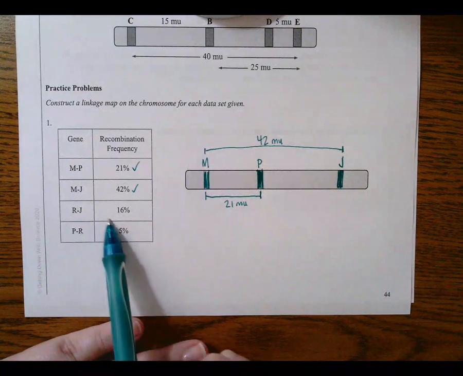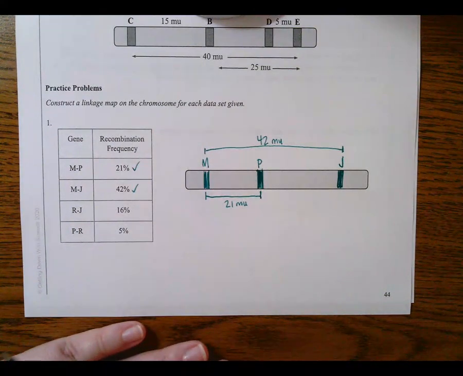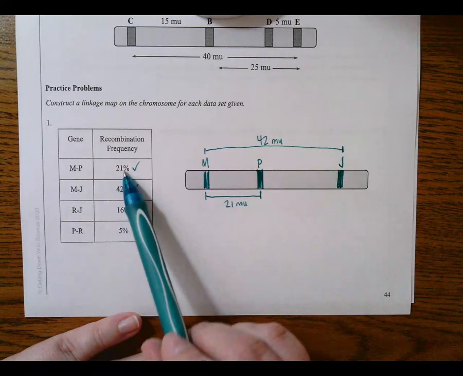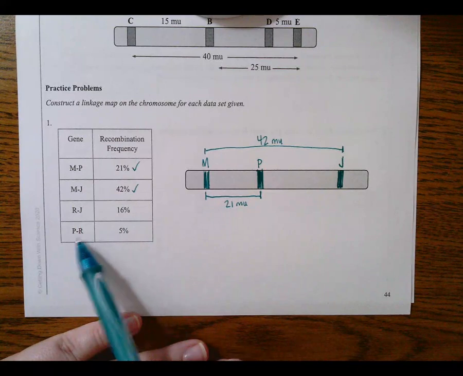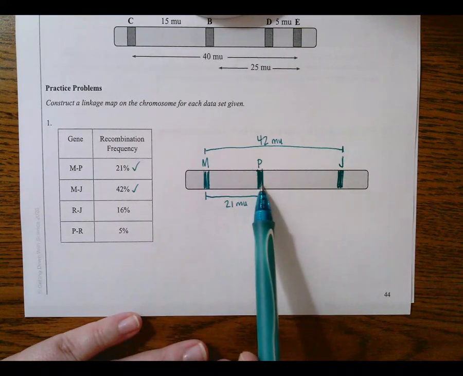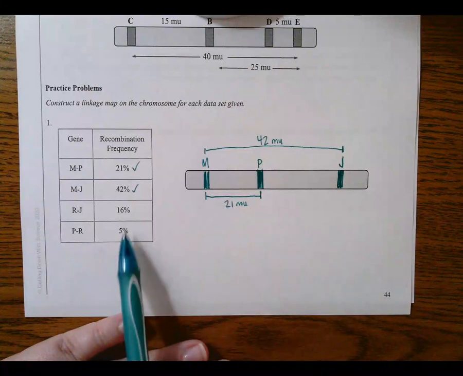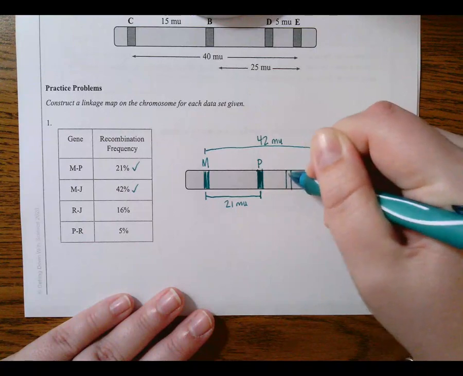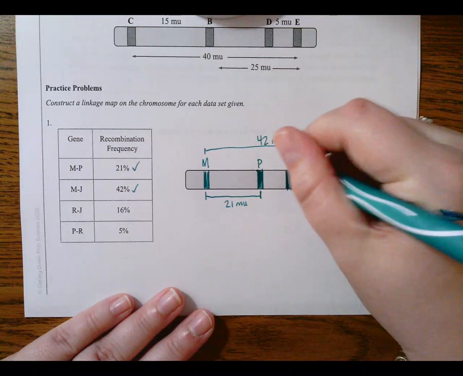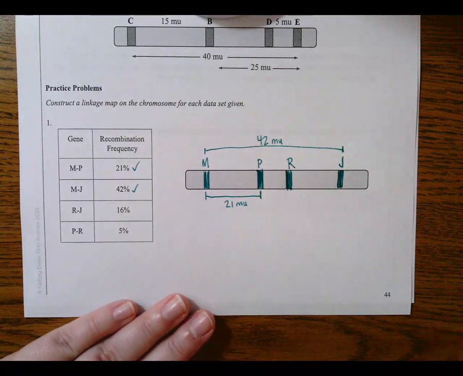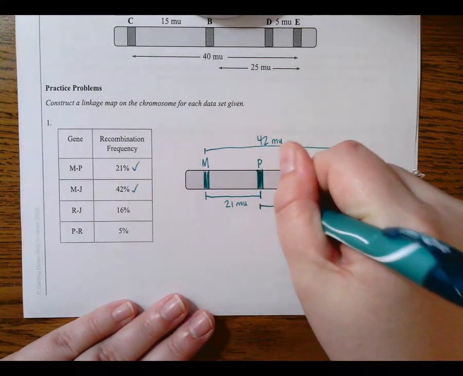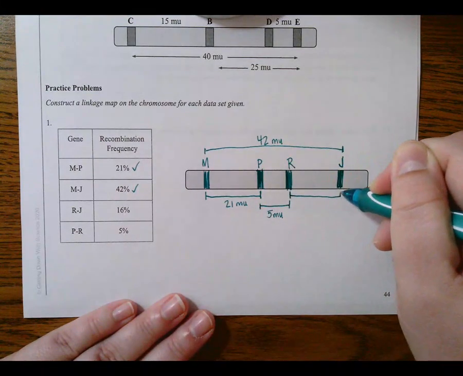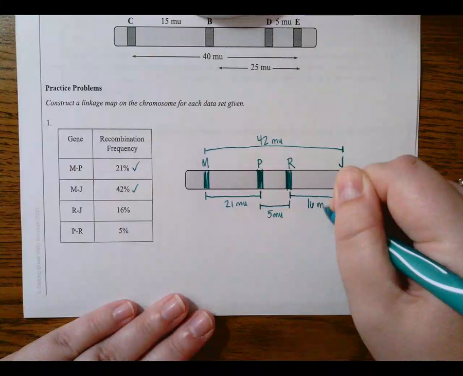After that, we have R to J, and it is 16%. That means that R and J's right here, 16%, is sort of close to 21. If you look at your last one here, we've got P and R. We already have P, and when we put R here in a minute, these are only 5%. So that means that our R is going to be pretty close to our P, right? And from P to R is 5 map units, and from R to J, it is 16 map units.